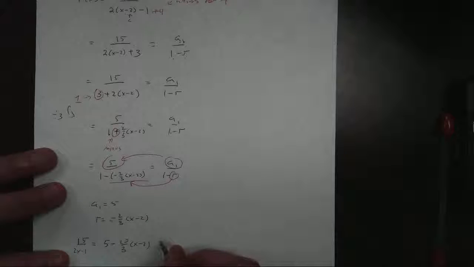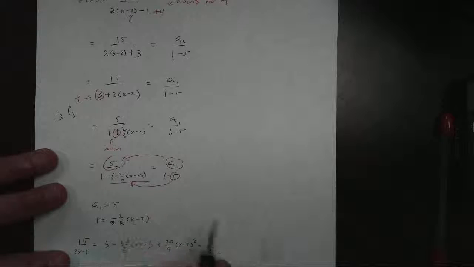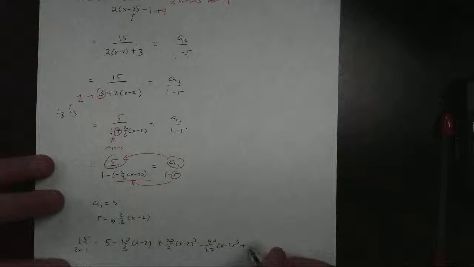That becomes 20 over 9 x minus 2, be careful, squared, minus, multiply by another negative, this becomes minus 40 over 27 x minus 2 cubed. Count up, 1, 2, 3, 4 terms, plus, now it's a series, dot, dot, dot.